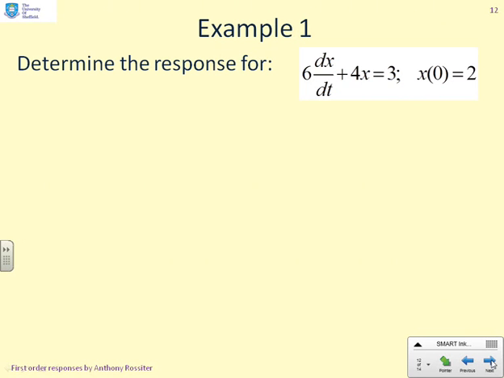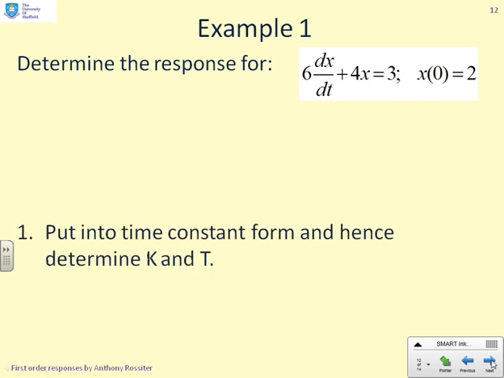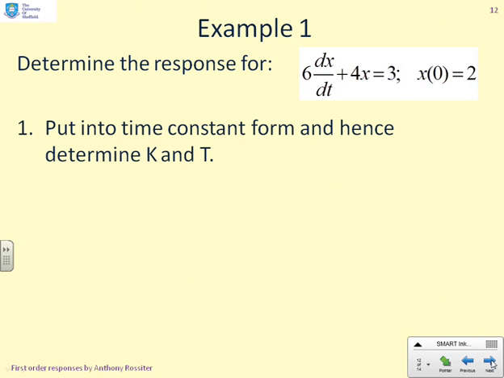An example. Determine the response for 6 dx/dt plus 4x equals 3 and x of 0 equals 2. So the first step is we need to put the model into time constant form, and you'll recognize this one by now. I think we've done it on the previous videos.